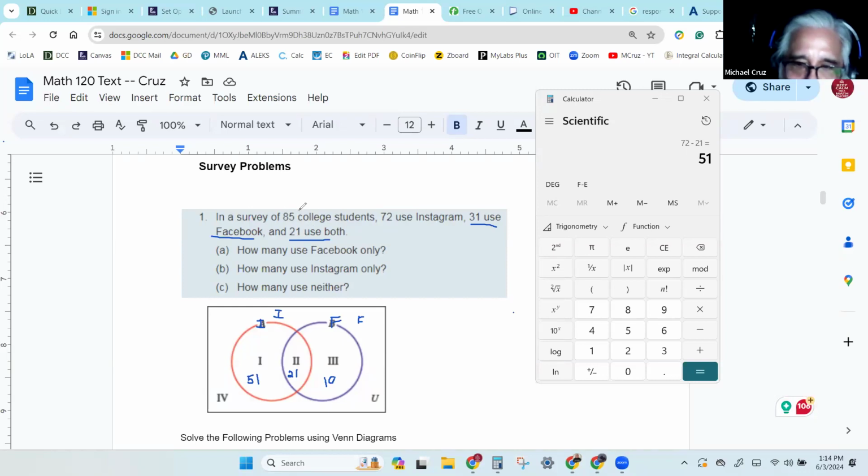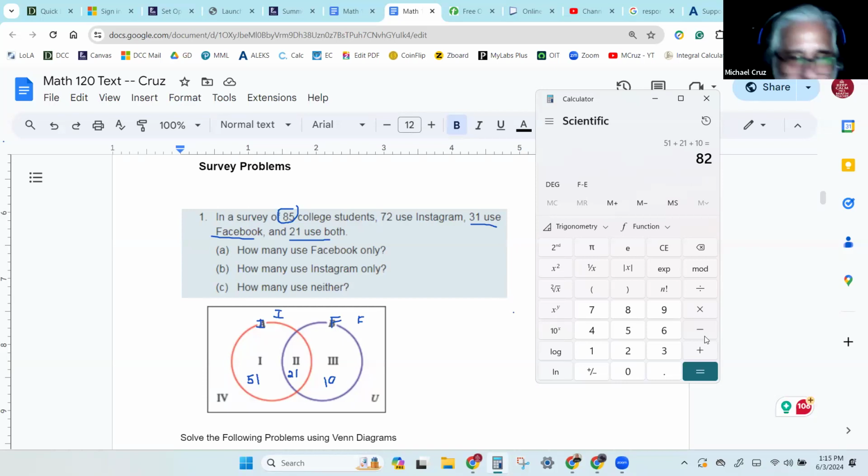Well, it's telling us that the whole survey has to add up to 85. In the three here, there's 51 plus 21 plus 10. So there are 82 people that use Instagram, Facebook, or both.